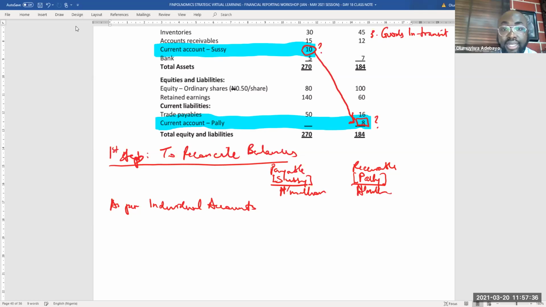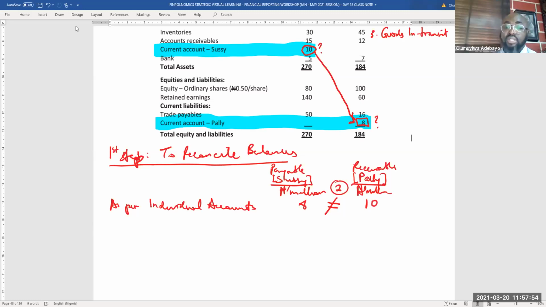The person that is to receive says 10. The person that is to give says what? 8. Therefore, there's a difference of 2.